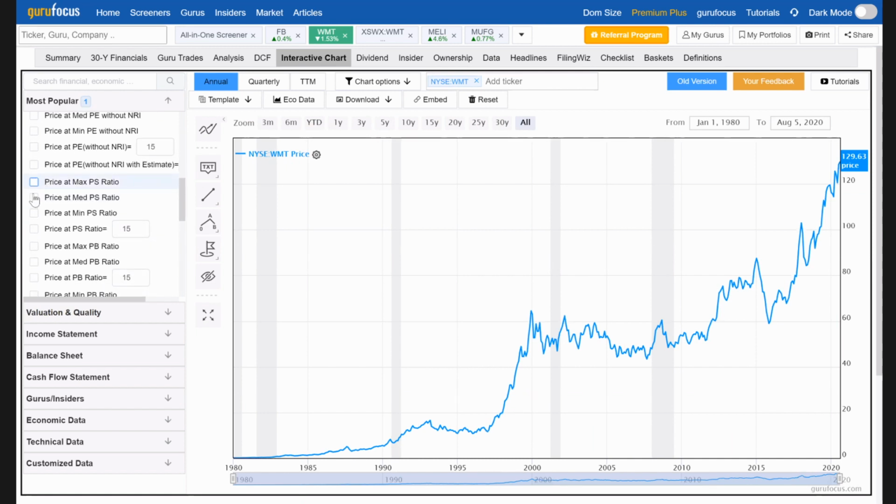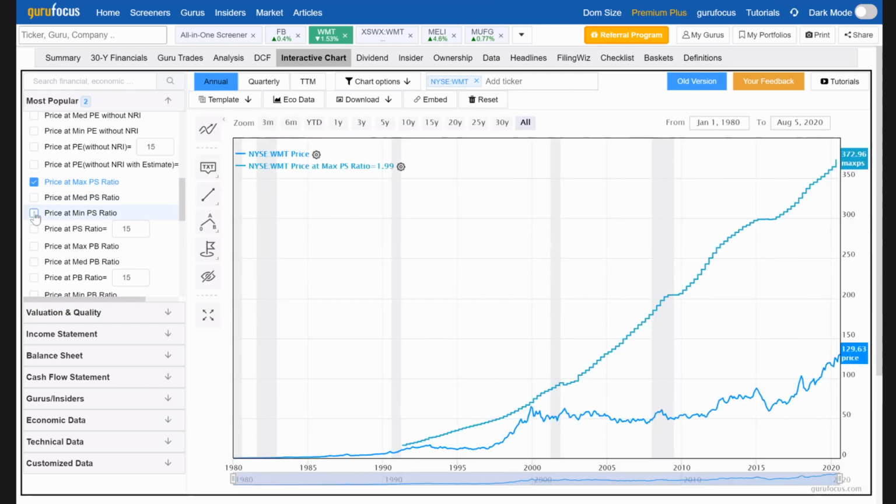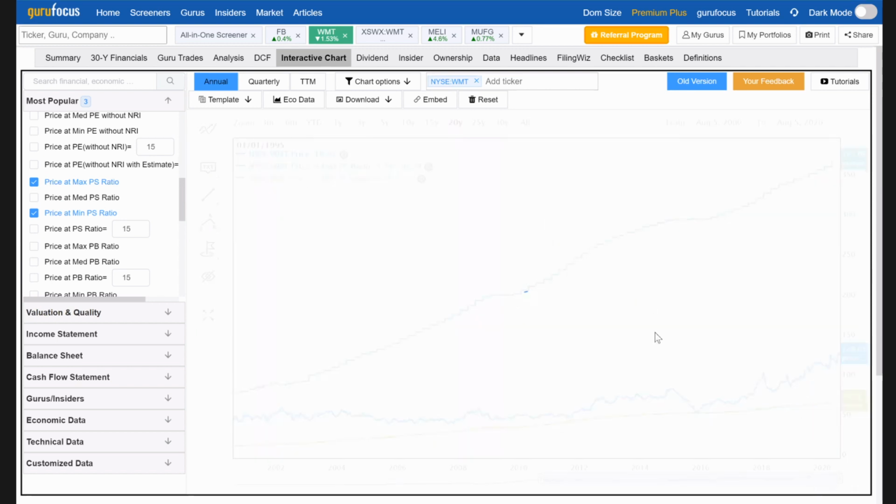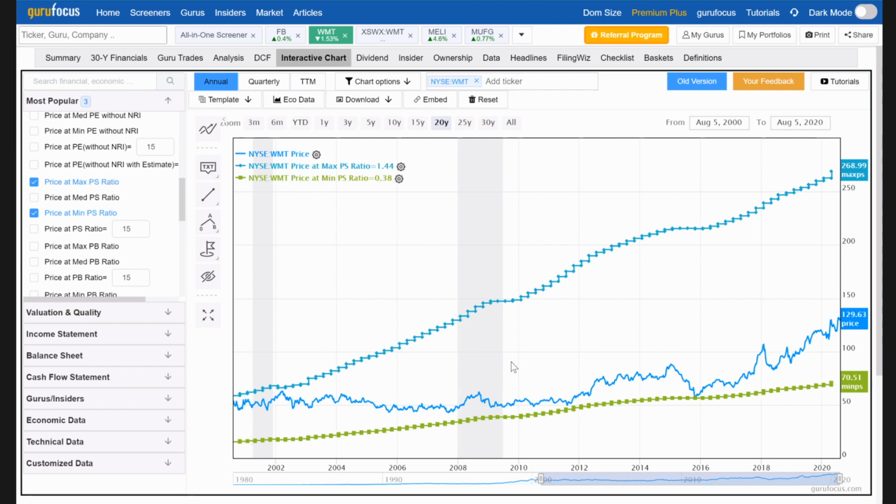And you can actually draw a price to sales band around the price. For instance, in the Walmart case, we can see three lines here. The middle line is the price line, the stock price for Walmart. And the upper line is actually what?